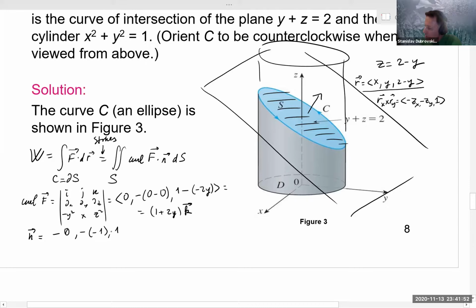And finally 1. And that has to be divided by the magnitude. So the magnitude is the square root of 1 squared plus 1 squared, or square root of 2. So we have 0, 1, 1 over square root of 2.